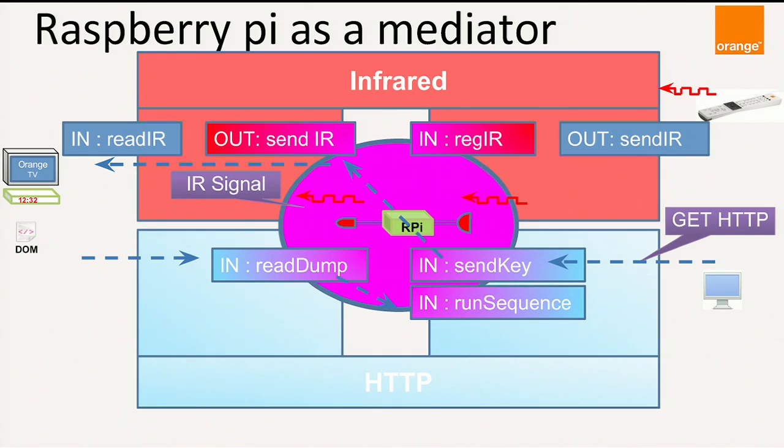The Raspberry Pi receives it and sends it back to the caller. So now we have a synchronous call that does HTTP on one side, manages all that has to be managed for infrared, and sends back a response to the HTTP request with the content of the screen.